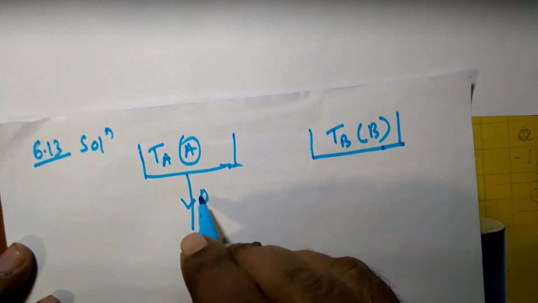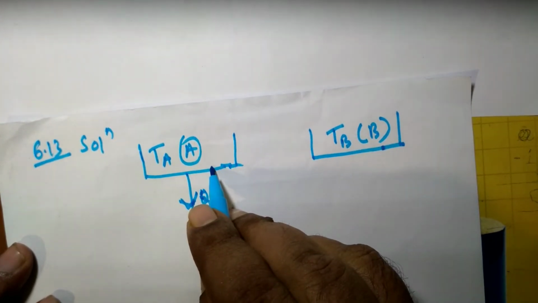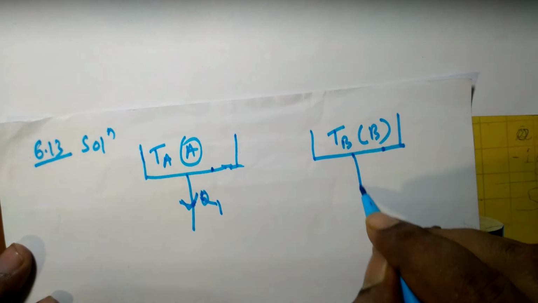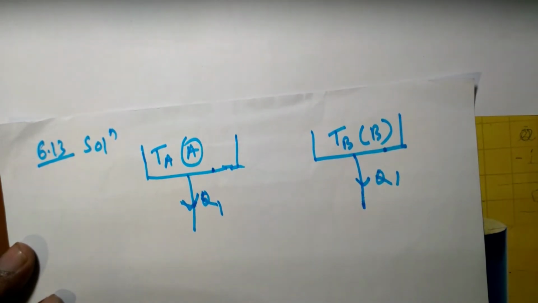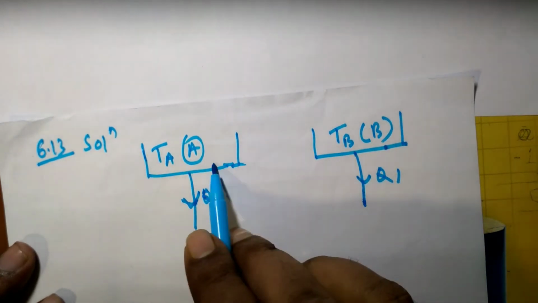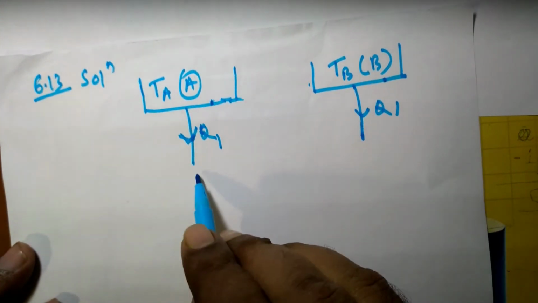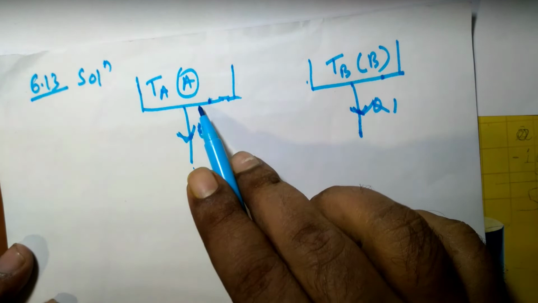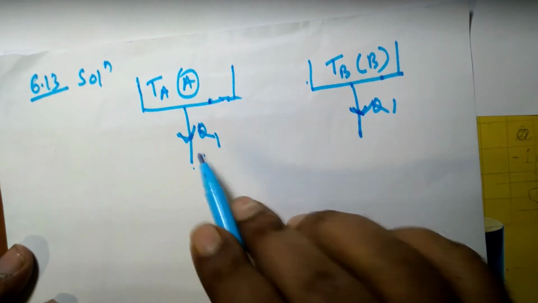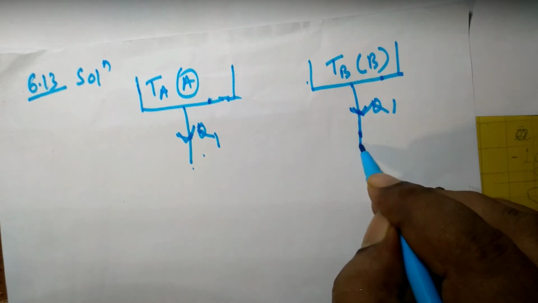Let the heat that is extracted by this heat engine be Q1 from the high temperature reservoir, and this heat is also Q1, because in the question it is given that it absorbs an equal amount of heat from thermal reservoirs A and B. So heat extracted is the same from both: from TA the heat extracted is Q1, and from TB the heat extracted is Q1.